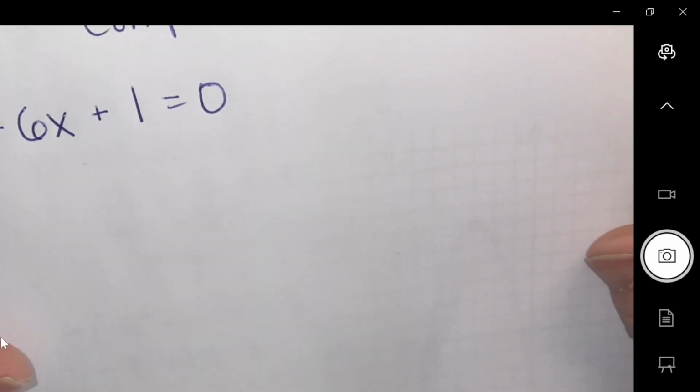Would we all agree that this would never be able to factor? Can you multiply something to 1 and add it to -6? No. Okay. Step 1: move this number over.